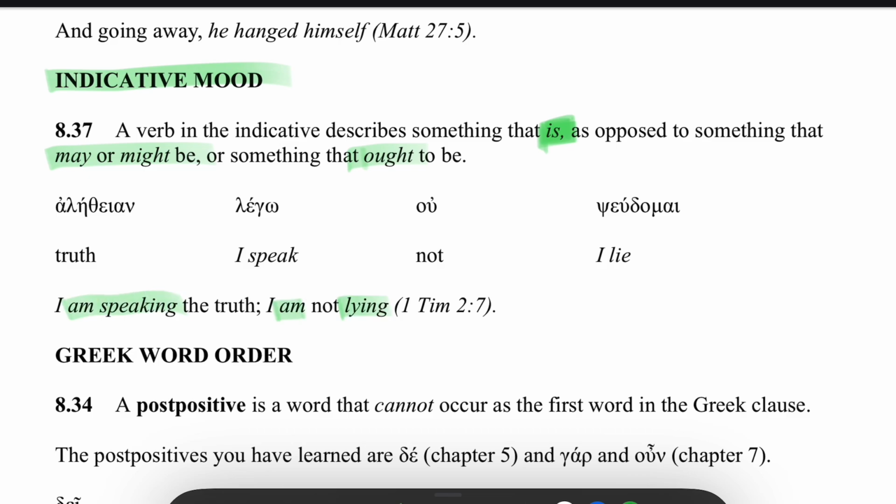I am not lying. Not a might be or a may be like the subjunctive. I might be speaking the truth, or may I speak the truth. And it's not a command or an imperative. You ought to speak the truth, or speak the truth. It is just simply telling what is. I am speaking the truth, or I speak the truth.